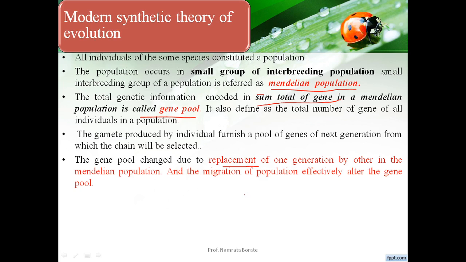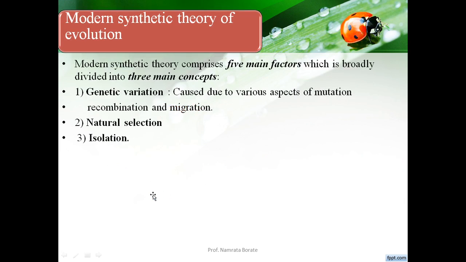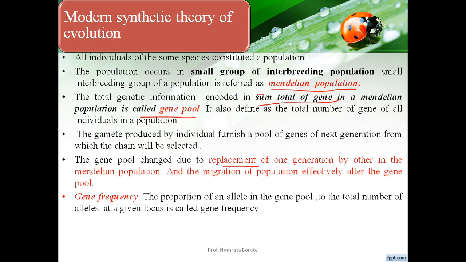The next one is the gene frequency. The gene frequency is the proportion of an allele in the gene pool to the total number of alleles at a given locus. This is called the gene frequency.